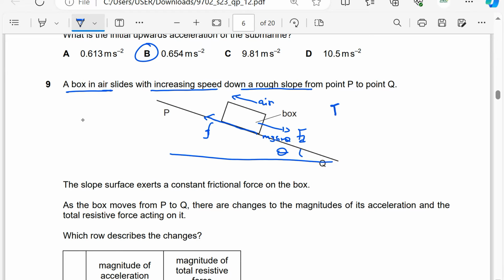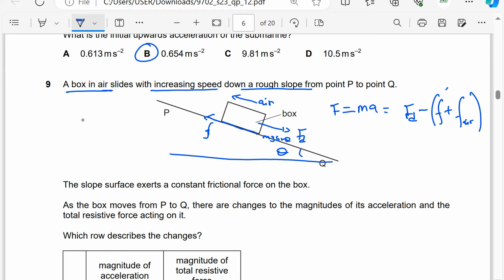So the resultant force F, which causes the acceleration, is going to be mass times acceleration, which is going to be the forward force Fd, which would be mg sine theta if theta was given, minus the forces acting in the opposite direction, which include the frictional force plus the force due to air resistance.